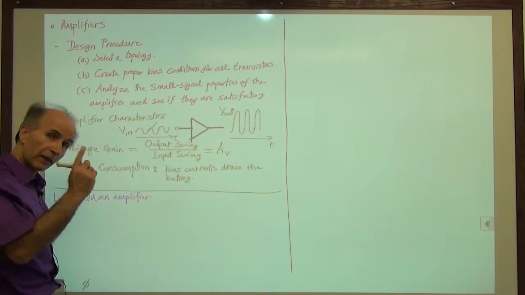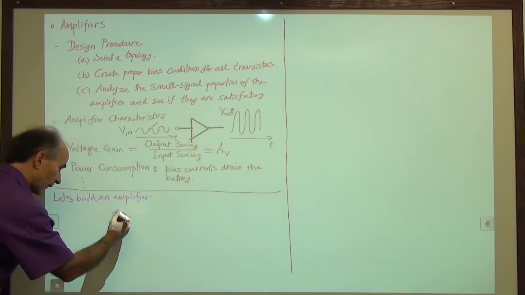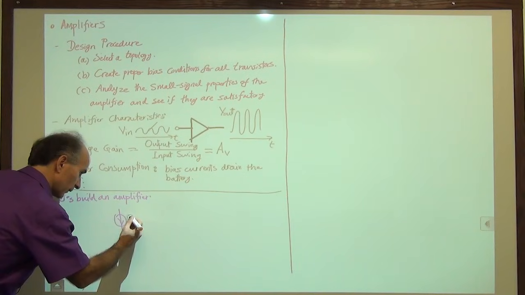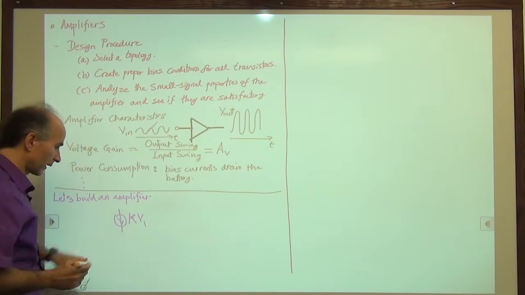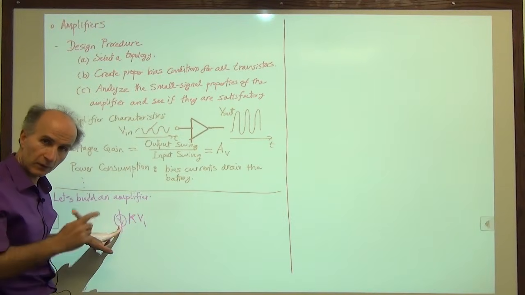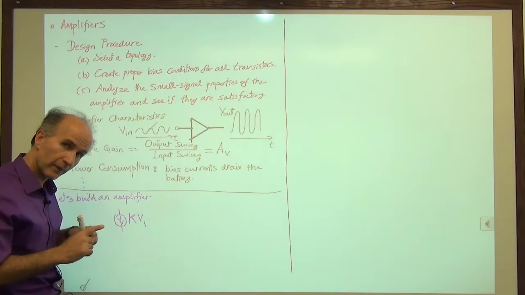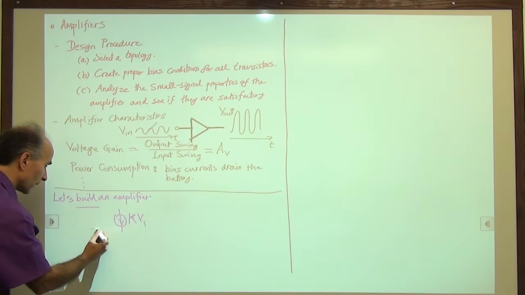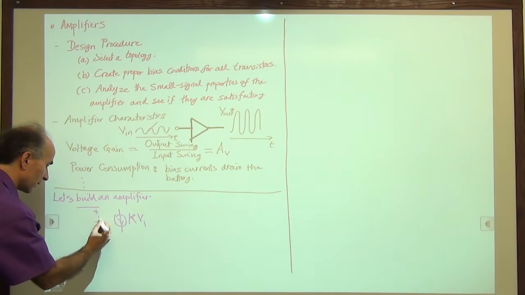First, at the very beginning, we said, if I have a voltage-dependent current source, which I called KV1, again, for dependent sources, we still use a circle, not the diamond that you see in basic circuit theory. And here's V1.